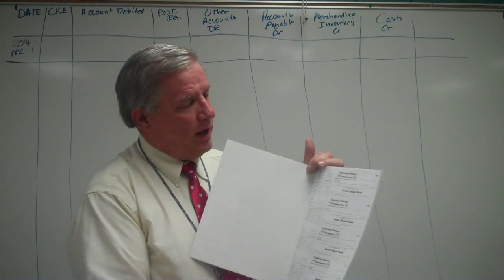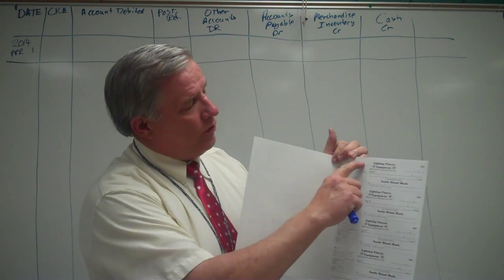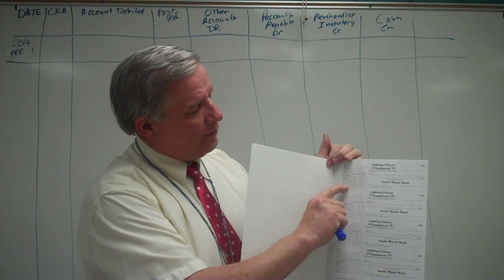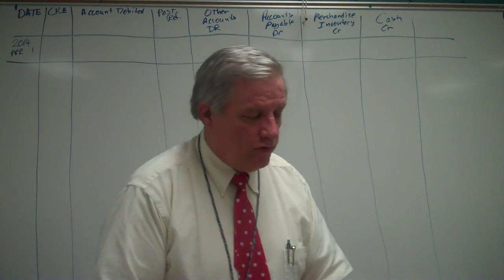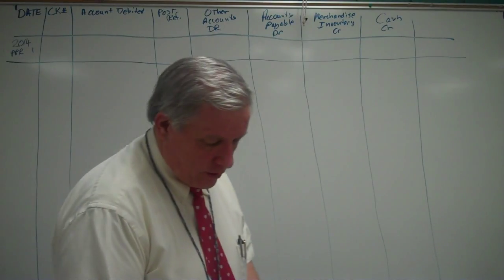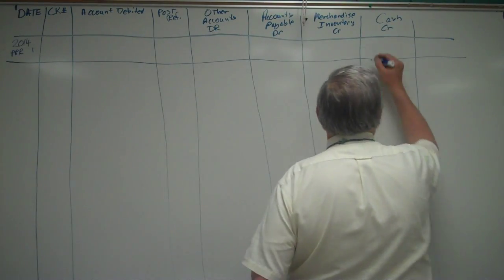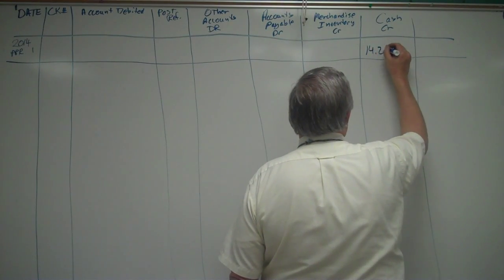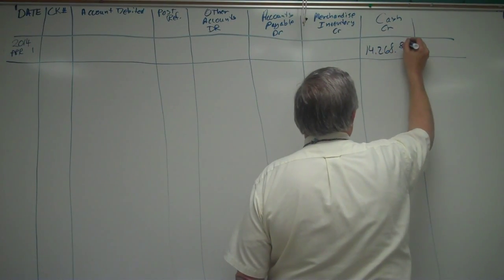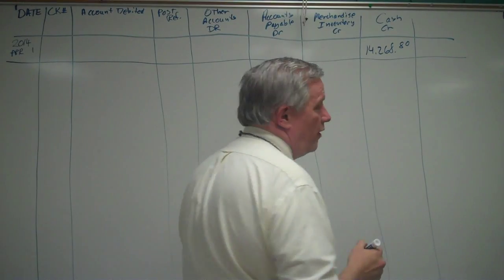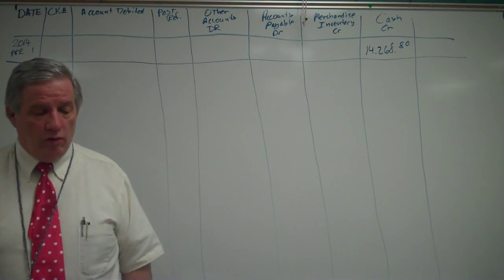You know, remember I told you about making deposits, we can record them in the checkbook. And then the amount of this check is going to be on that first line and also the line that says this check. So the amount of the check is going to be $14,268.80. That's cash. $14,268.80. That's going out.